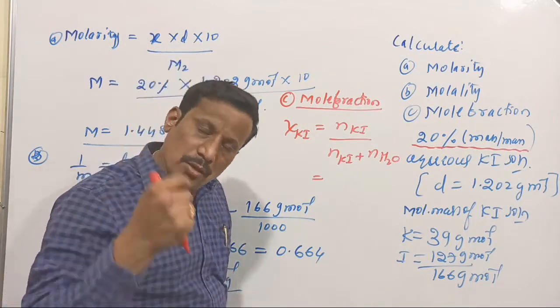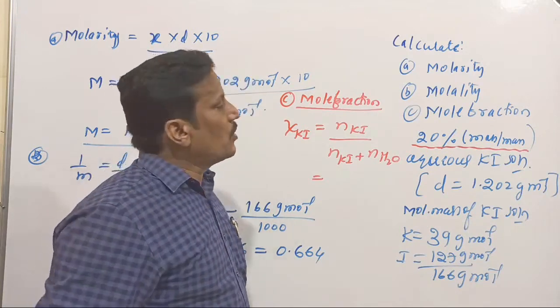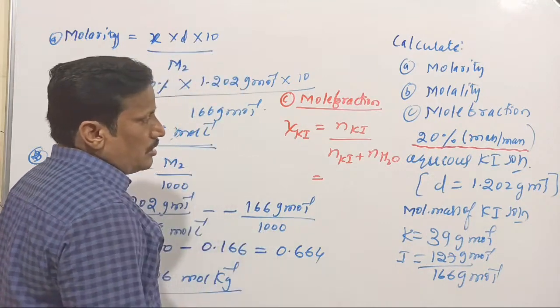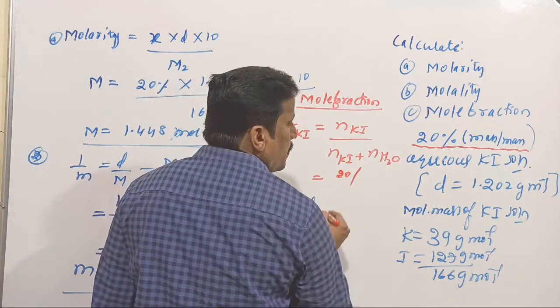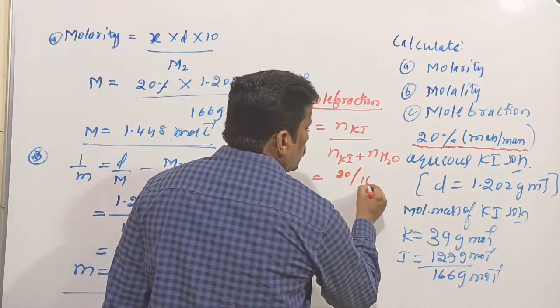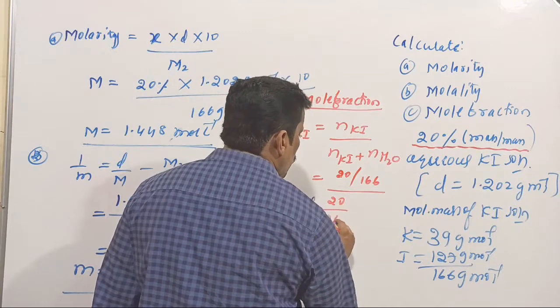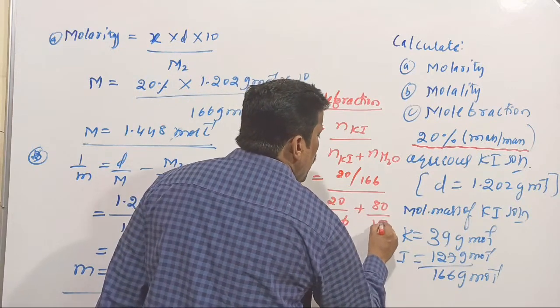So in the solution, 20 grams of potassium iodide we have, 80 grams of water we have. Using this to calculate number of moles of potassium iodide: 20 gram divided by 166. Same thing, 20 divided by 166, and remaining is water, 80 by 18.